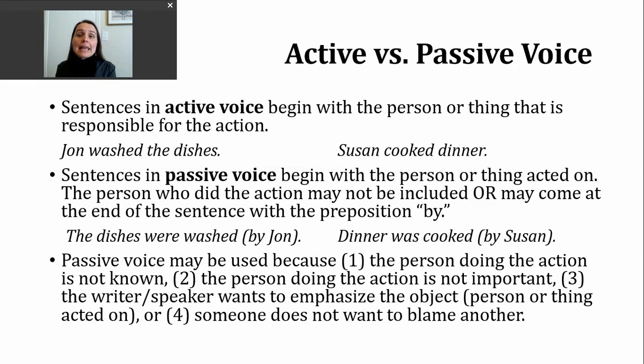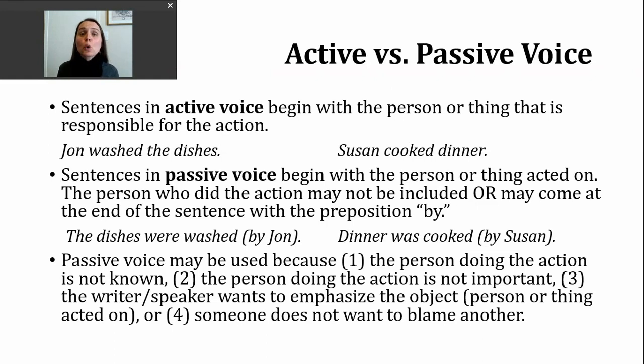So in passive voice, you might notice that there is no mention of the person who did the action. It just might not be included. Or the person or people who are responsible for the action might come at the end of a sentence after the preposition by.